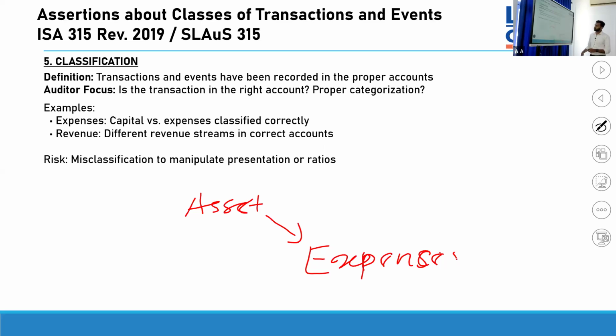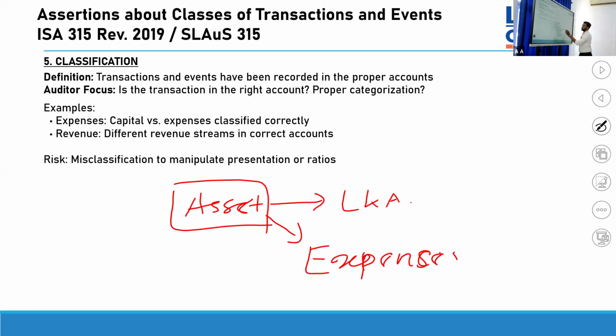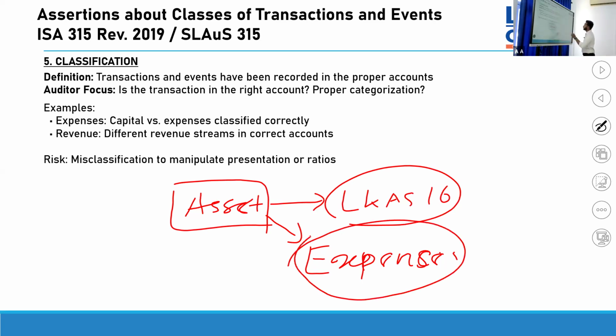No, because if the criteria are met, if it falls under LKAS 16, it should be treated as capital expenditure, right? Therefore, you cannot include such kind of expense under P&L. Those are classification errors, right? Therefore, as an auditor, we must ensure the transactions are in the right account. The classification is appropriate, right?